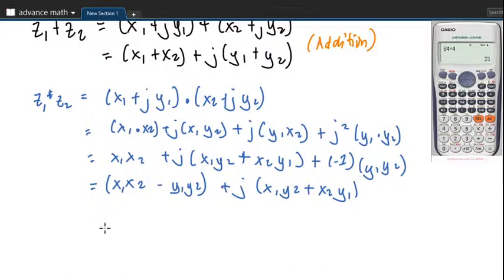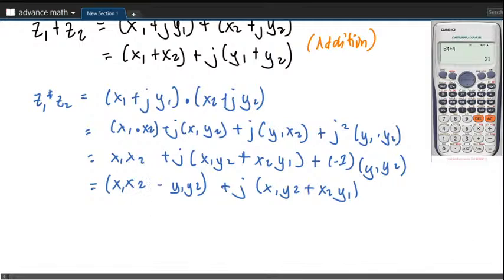So if you have any questions again, you could just ask the questions through our group chat. Okay, maybe we will have an example for this part of the topic.